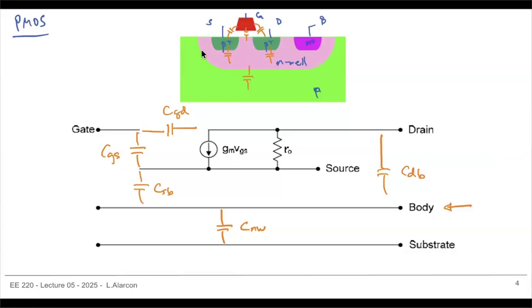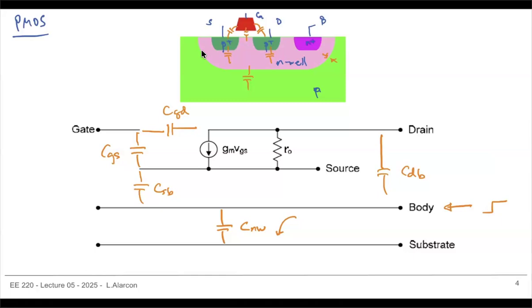If I want to change the voltage dynamically on the body, I have to make sure that I can do that in a reasonable amount of time. Then I need to be able to charge and discharge that N well cap. But as you can see here, that is going to be dependent on the contact area between the N well and the P substrate, and that encompasses the whole transistor. So in most cases, that capacitance is actually very large.